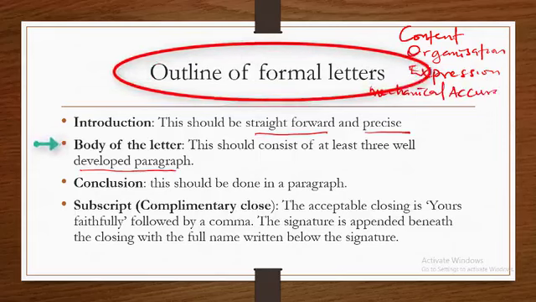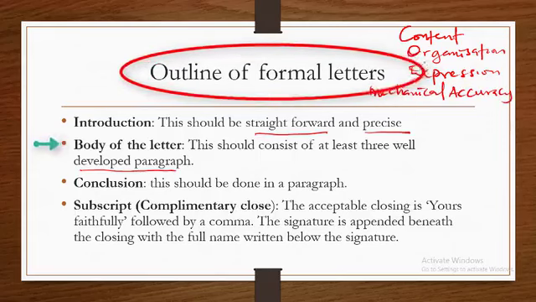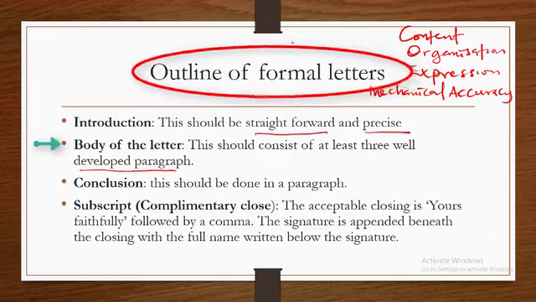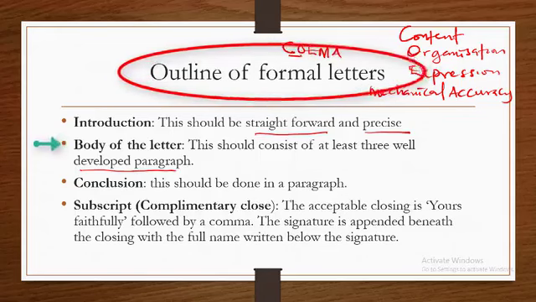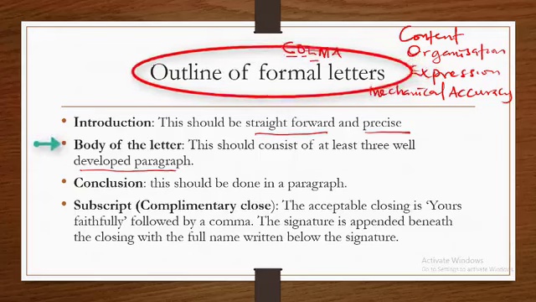So you are tested in these 4 areas under writing. I can use an abbreviation, COEM: C for content, O for organization, E for expression, and M for mechanical accuracy. So you are tested on these areas.